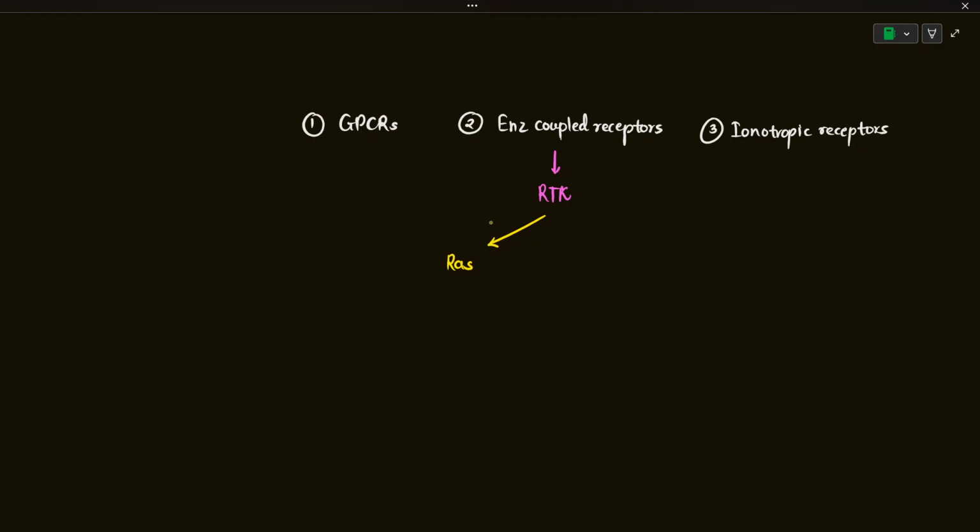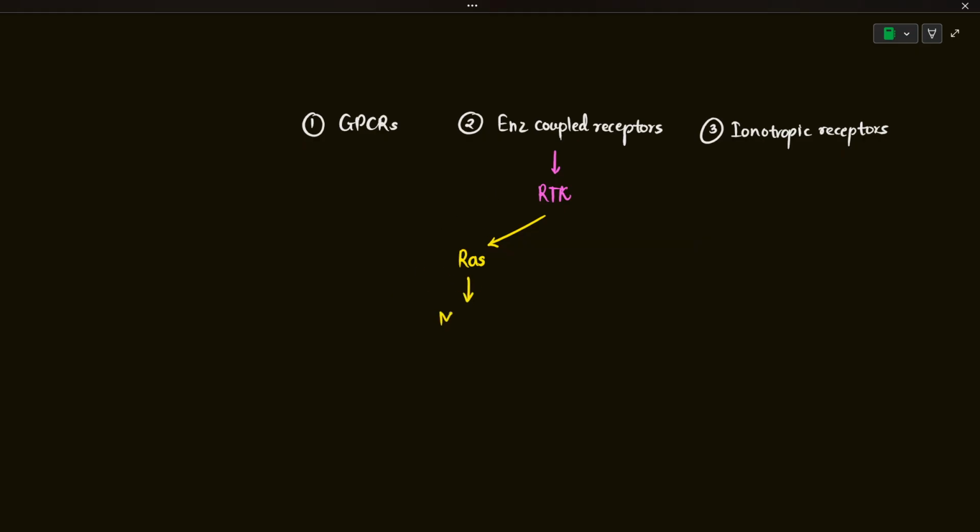RAS is a monomeric GTPase, and when the Ras-GEF works on this RAS protein, it replaces the GDP with GTP, and that is how the RAS protein will be switched on so that it can perform its own downstream signaling.